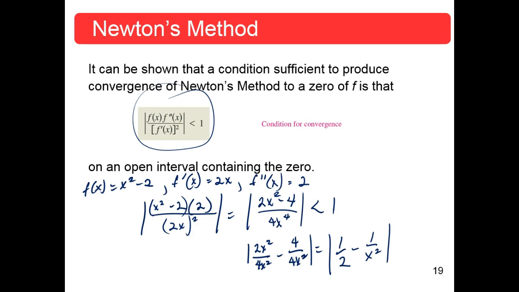Now, no matter what value you choose for x, you can't choose 0, obviously. X cannot be 0, it doesn't make any sense. But even if x is very close to 0, well, let's see.